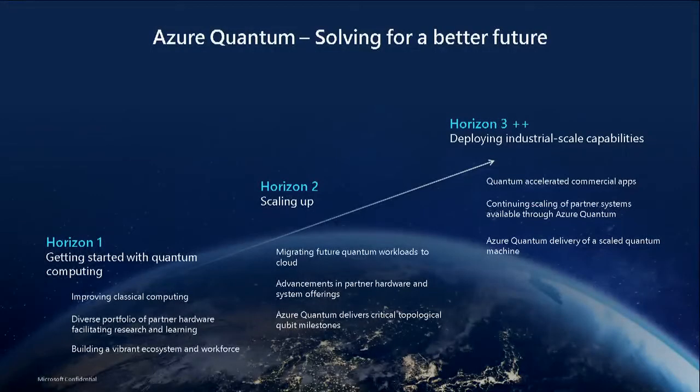So how does one do that? I'll give you a Microsoft point of view, but take that as a view of the industry, at least in some respects. The way we are thinking about it has to be a horizon approach, meaning that at the end of the day, you're not going to give a full problem to a quantum computer, meaning you won't have a quantum computer that does addition, subtraction, and basic things that your current computers do.